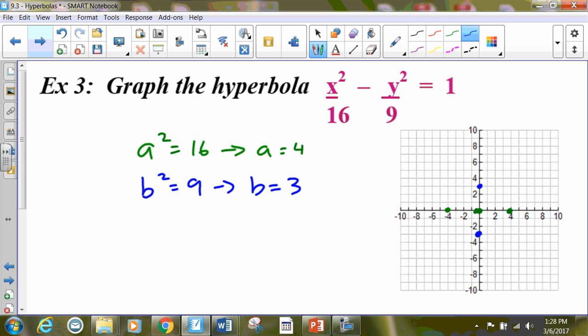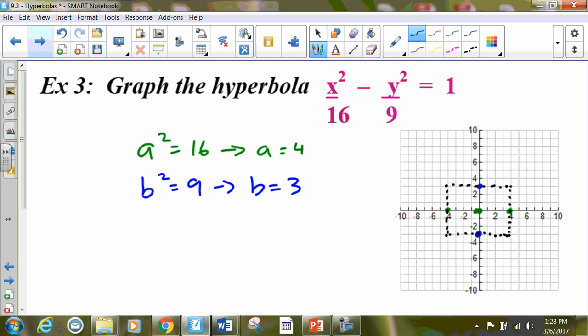Now, if we connect these four dots, it will make a triangle, and we want to make a box. So these dots are all the midpoints of the sides of the square. When we make our box, we're going to keep that in mind. Each one of these points is the midpoint. Did I say square? Rectangle.